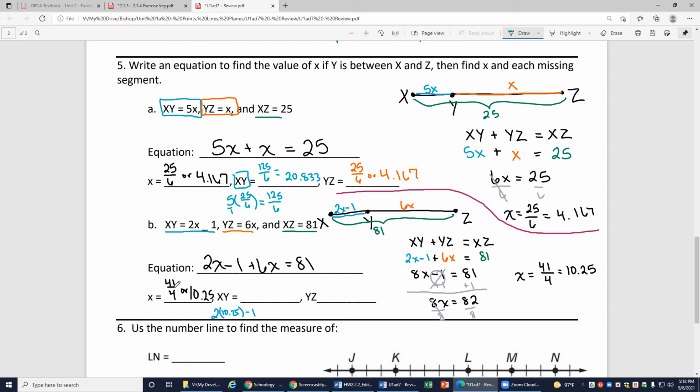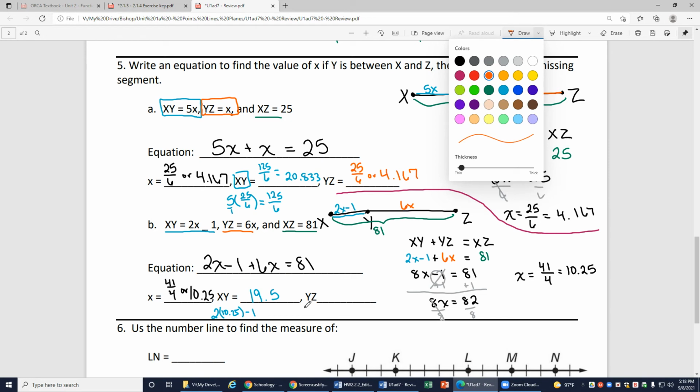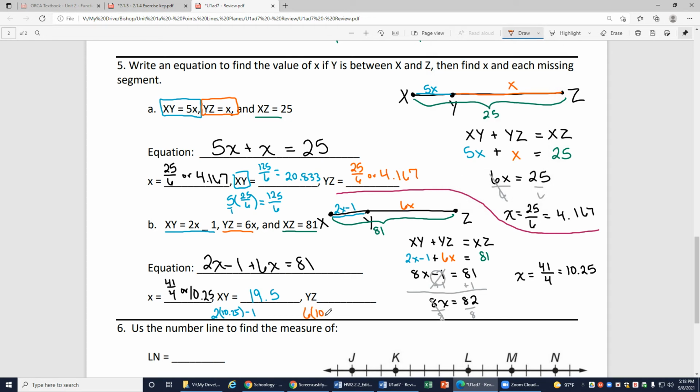And when I subtract 1 from that, it's going to be 19.5. Okay, and then y all the way to z, so this right-hand side is 6x. So 6 times 10.25. 6 times 10.25 is 61.5.